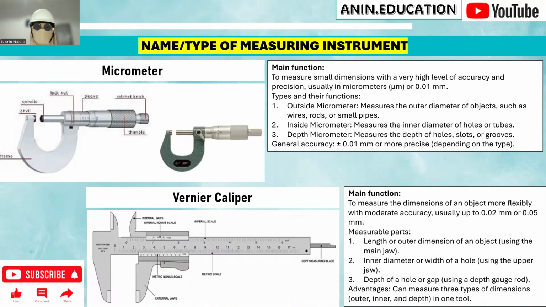Micrometers. Main function of a micrometer is to measure small dimensions with a very high level of accuracy and precision, usually in micrometers, μm, or 0.01 millimeters. Types and their functions: number one, outside micrometers measure the outer diameter of objects such as wires, rods, or small pipes.